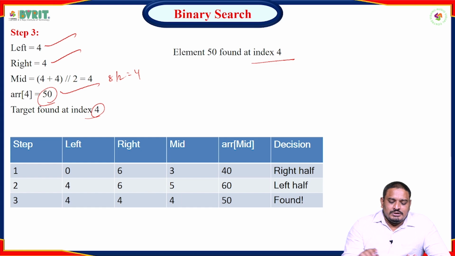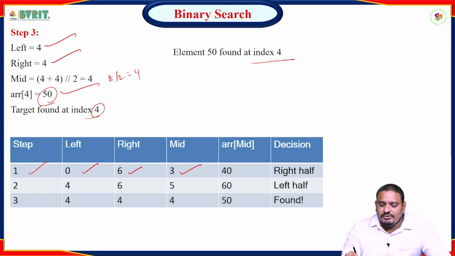See this table. First step, we take left as 0 and right as 4. We find the mid position, 3. In the mid position, the element is 40, and the target is available in the right half. Then 4 plus 6 divided by 2, that is 10 by 2, equal to 5.